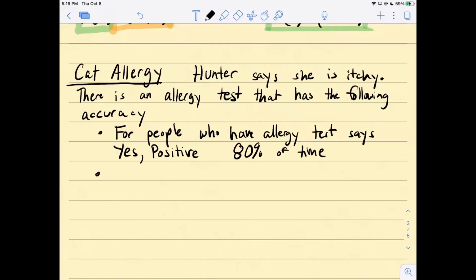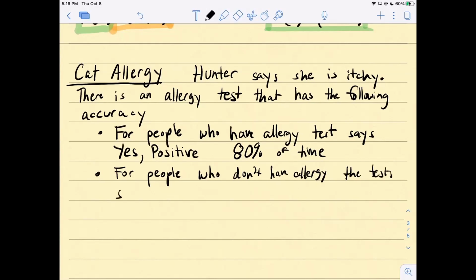For people who don't have the allergy, the test might still give you a false positive.